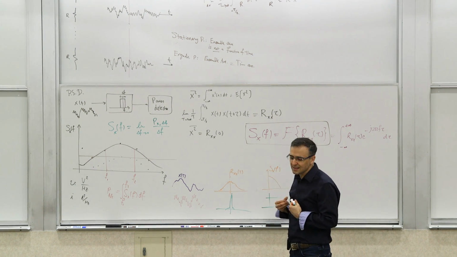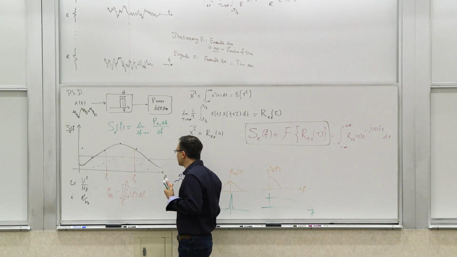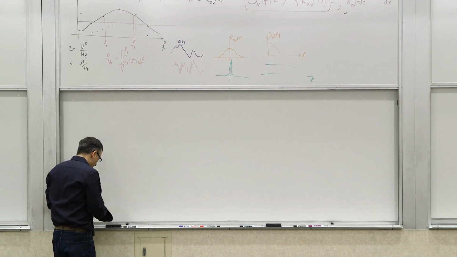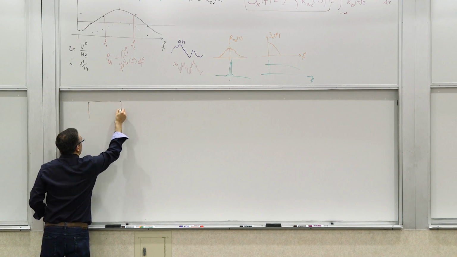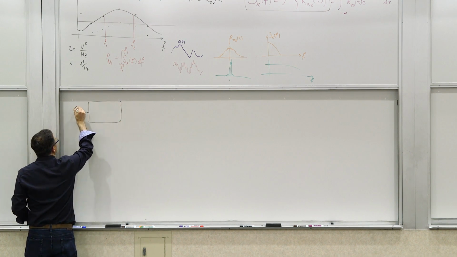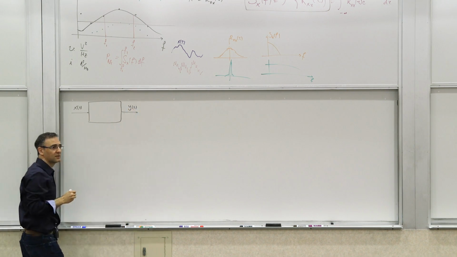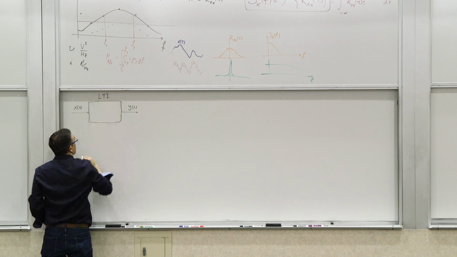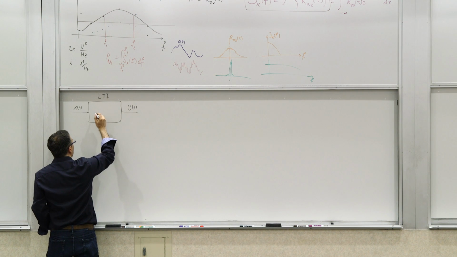Okay, so if this is the picture, then the very important question is, if you have an LTI system, I mean, we are going back to our very classical, often repeated box picture. You have an x of t input and a y of t comes out. Let's say this is LTI, linear time invariant. Now, how do we characterize it?